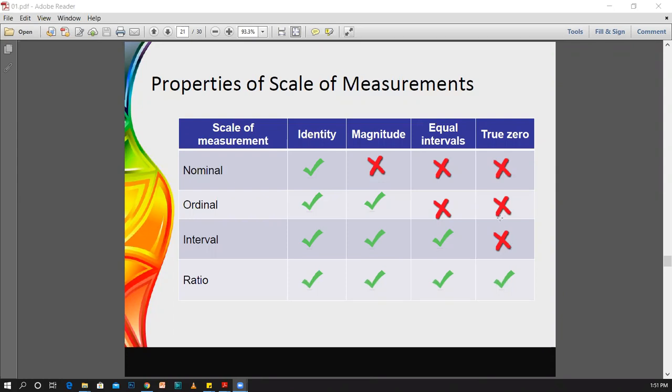Only if you have a true 0 point is it sensible to talk in that way. Therefore if you have data in the ratio scale, then you have a true 0 point. These are the properties of the scales of measurement.